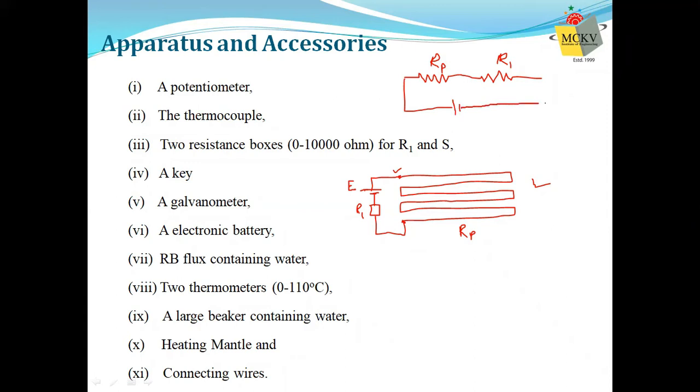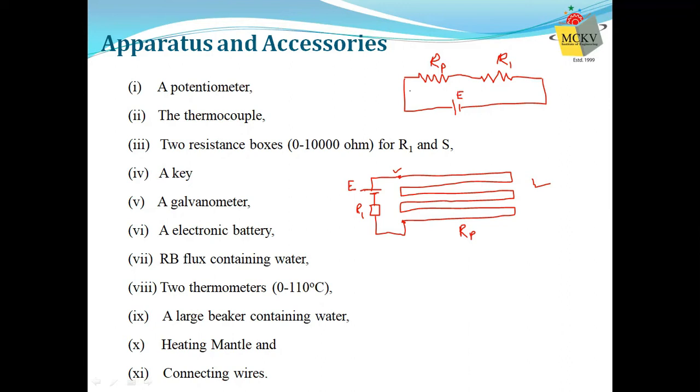You can see they are in series. So this is the potentiometer wire whose resistance is Rp, we know, and a series resistance R1, again we know, that is connected. And the EMF of the battery is E.